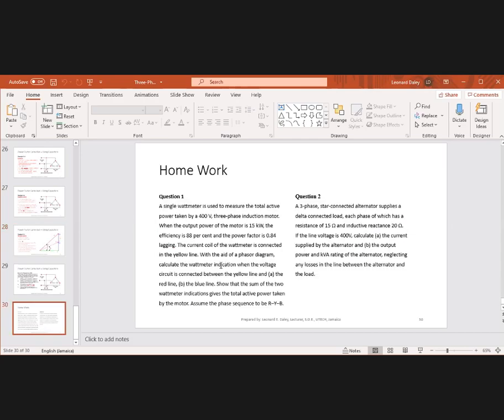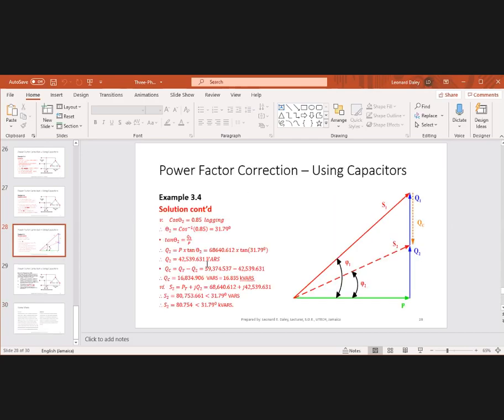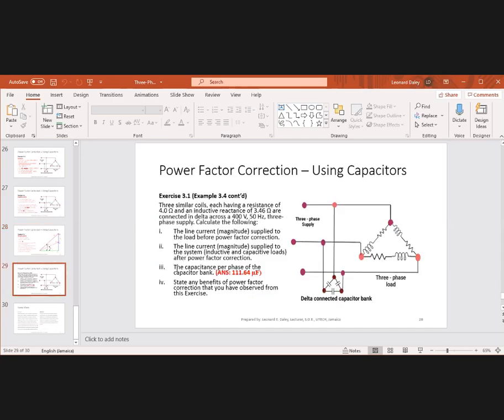Right. So that was a question now. State any benefits you see of power factor correction. And one of them is that the line current has decreased. And just like what we discussed a while ago, if the line has resistance in it, and lines usually have resistance in them, the losses will decrease along the line.